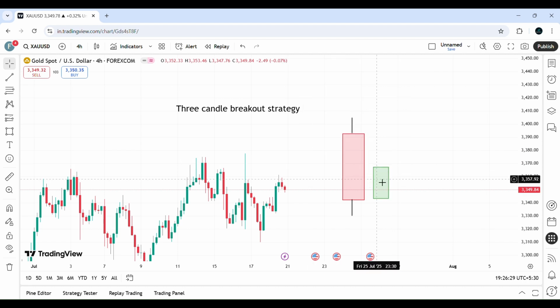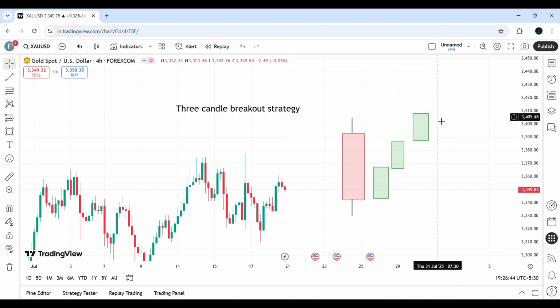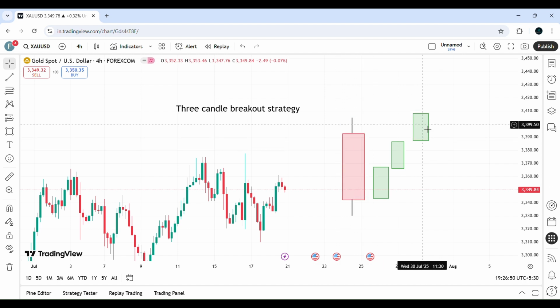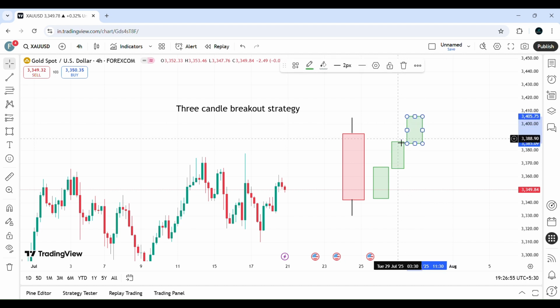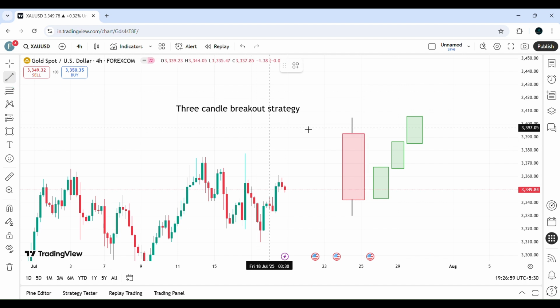This is candle number one, this is candle number two, and this is candle number three. See, it took three candles to break this bearish candle's high. It took three bullish candles to break this bearish candle's high.